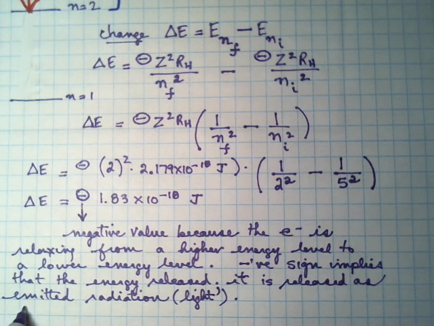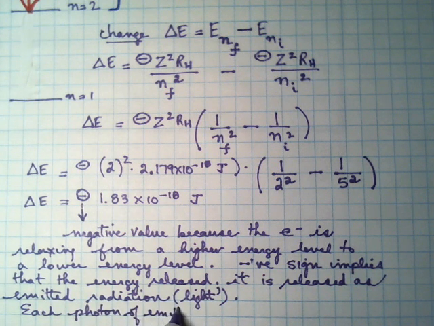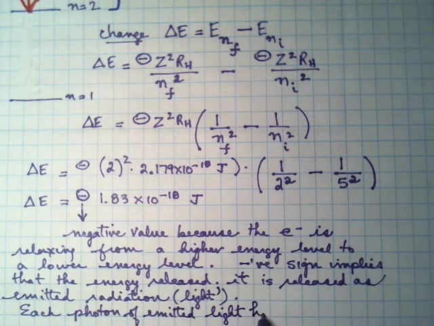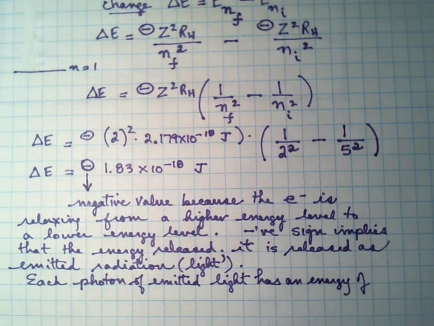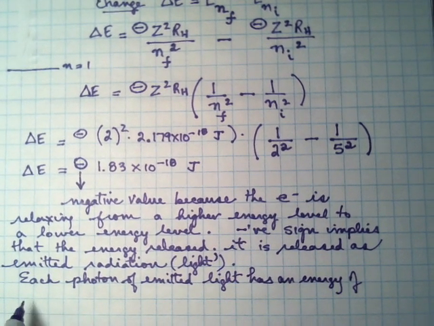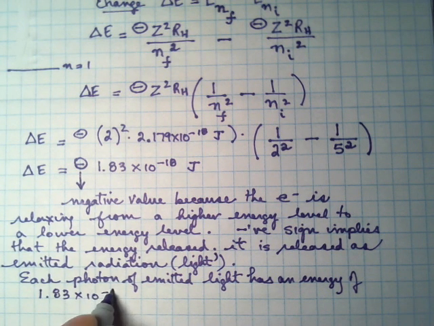Okay, and let's put, for the completion of your notes, that each photon of emitted light has an energy of that value, which is what we found out, an energy of 1.83 times 10 to the minus 18 joules.